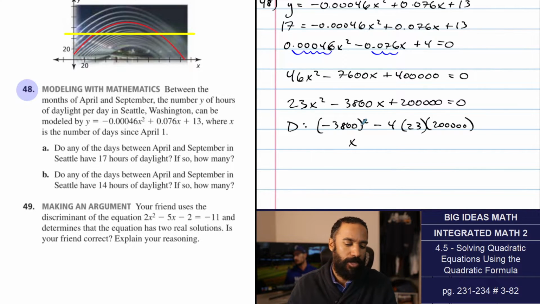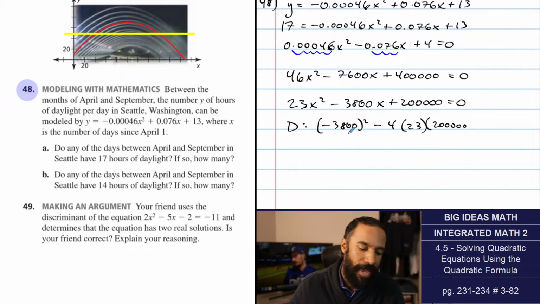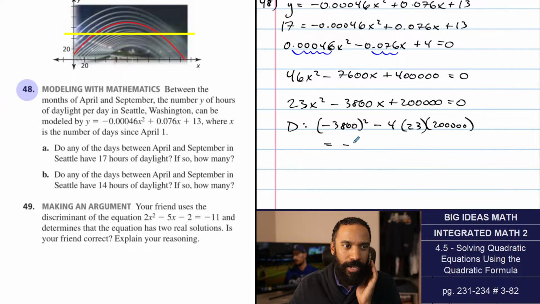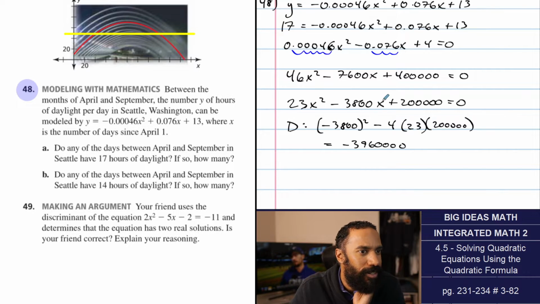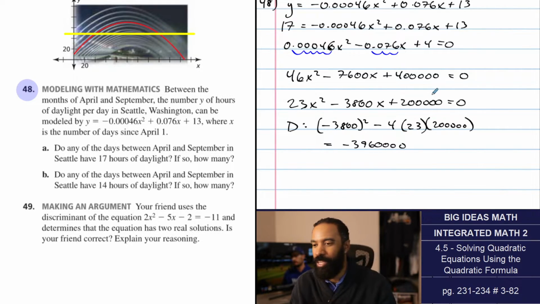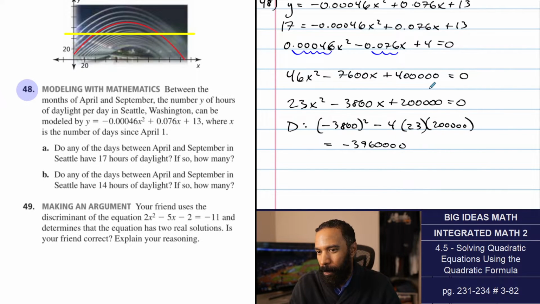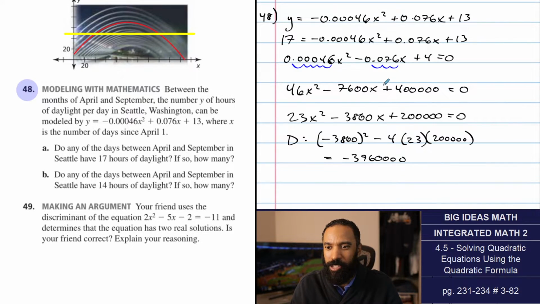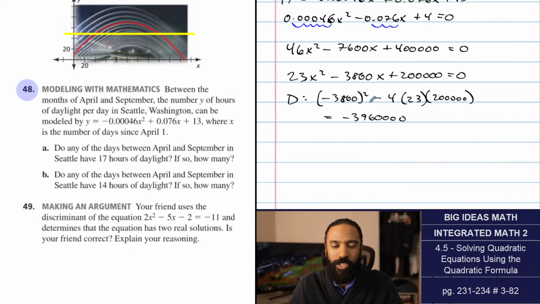So it's okay that I have a big discriminant. Let's just put it that way. Negative 396,000. 200,000. Yeah, I typed everything in right. As long as my signs are appropriate, added that over, subtracted that over, subtracted that over. Yeah, all good.